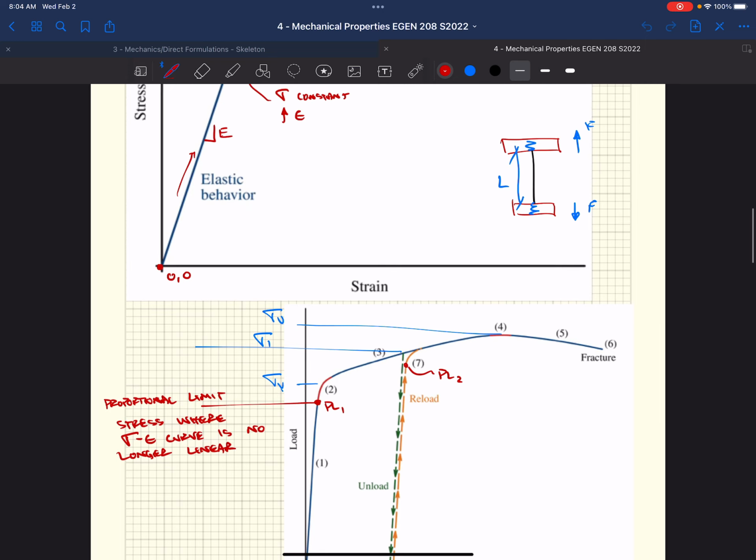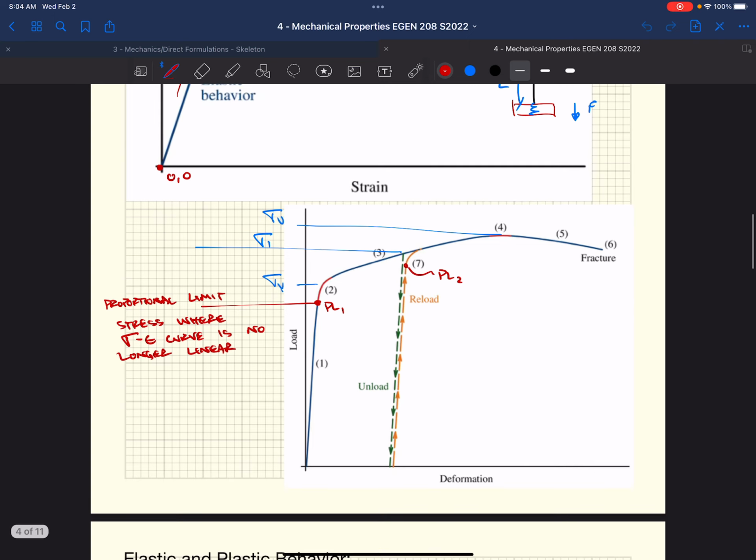Another parameter you guys maybe have heard of: have you heard of the 0.2% offset method? The point at which our material yields is kind of hard to say exactly. So we just pick an offset of our stress-strain linear curve, and we say that's where it yields.